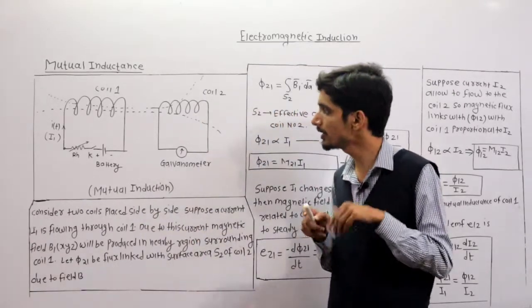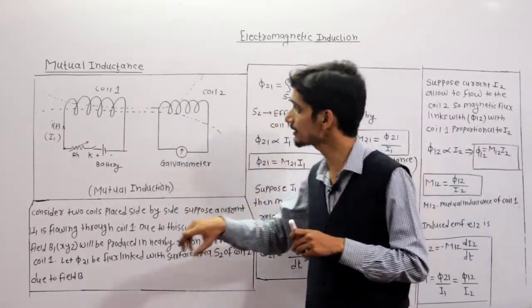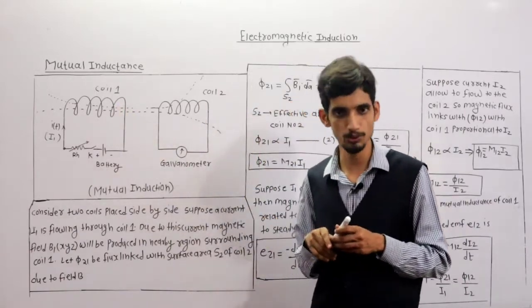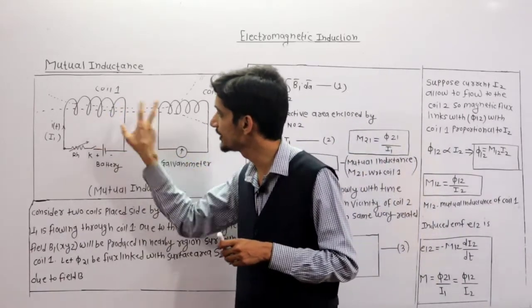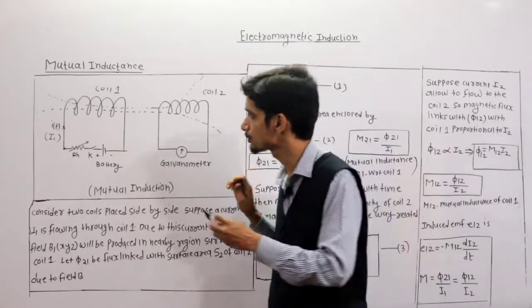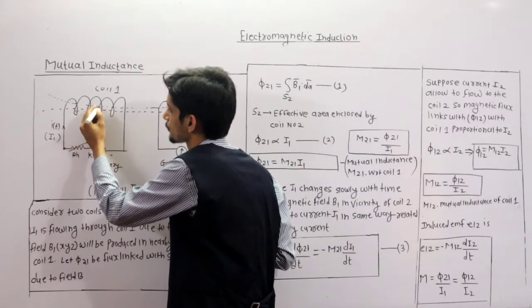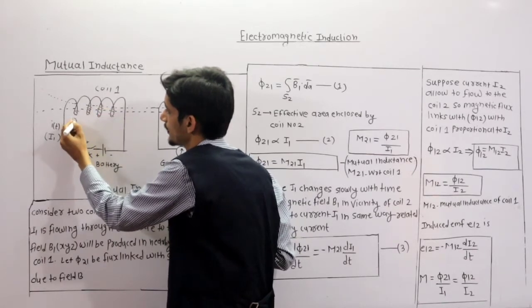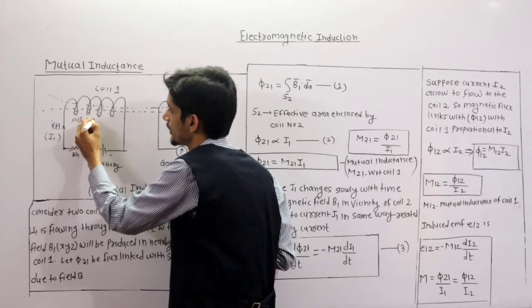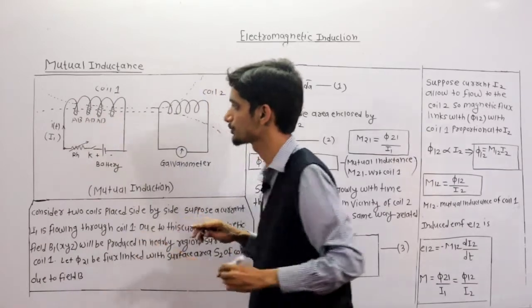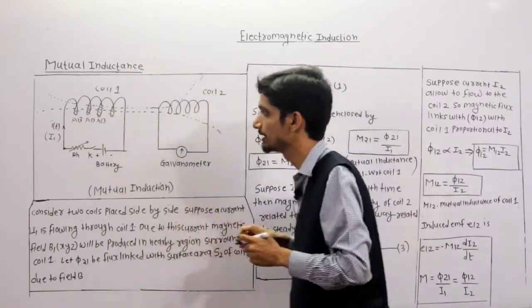Clear? Okay. Now consider there are two coils, coil 1 and coil 2. Definitely a coil means it is wound in the form of a number of turns, so there will be flux associated with that particular coil. Clear?